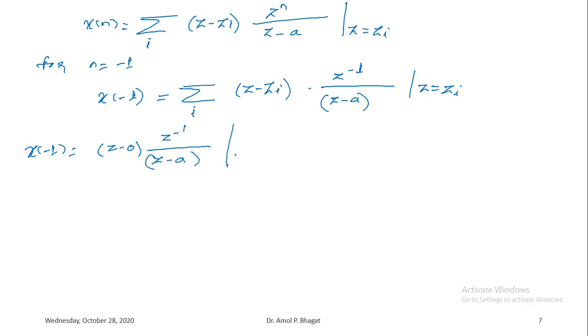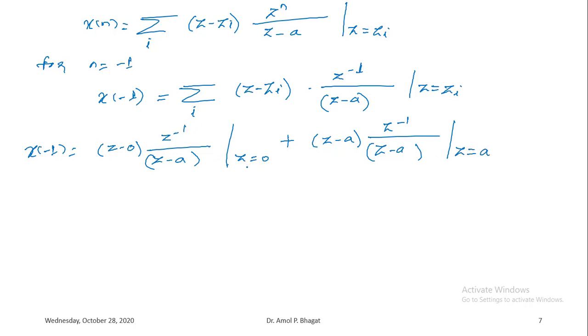So that will be evaluated at z is equals to 0, plus second term will be for zi is equals to a, right? So it will be z minus a, again z inverse upon z minus a, and it is evaluated at z is equals to a.